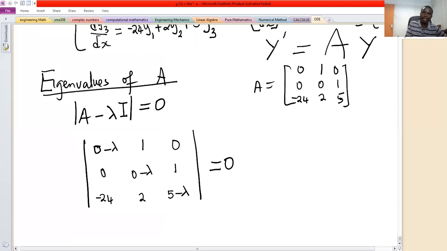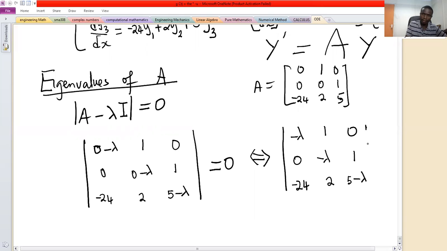And this is the same as writing the determinant of the matrix minus lambda, 1, 0; 0, minus lambda, 1; minus 24, 2, 5 minus lambda equals 0.